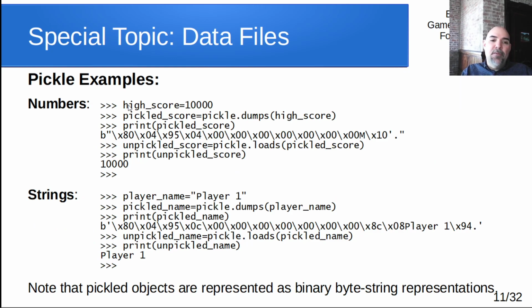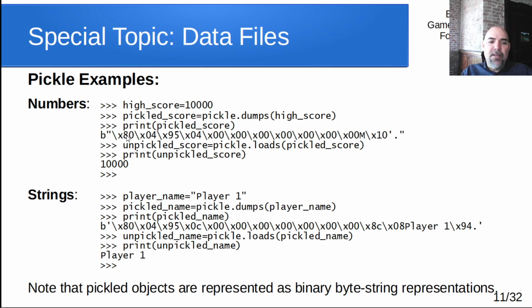In this case, let's say we have this high score variable, and it has the value 10,000 in it. To pickle that, I can do pickle.dumps, just pass the object in, and it's going to give us this pickled score. If I print that out, it looks like this. Notice it's just a string of bytes. The b in front of the quotes means this is a byte array.